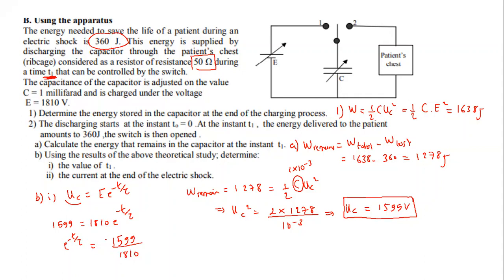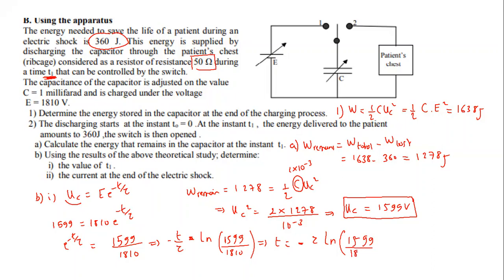We put ln on both sides, which means that minus t over tau is equal to ln of 1599 over 1810.